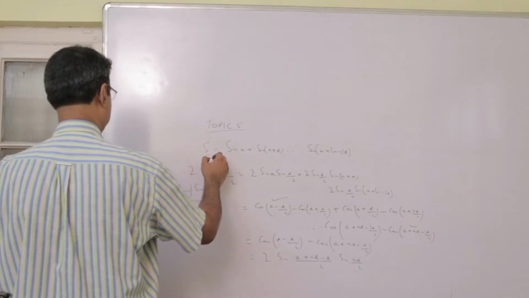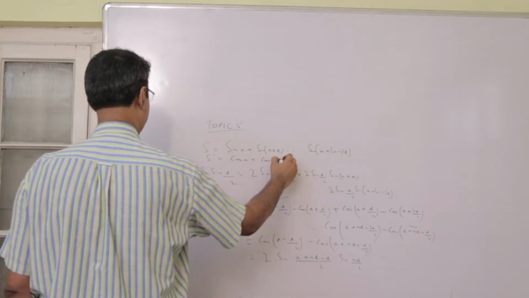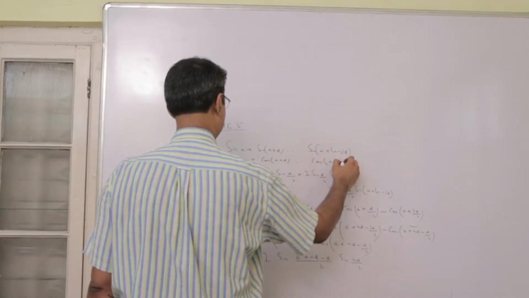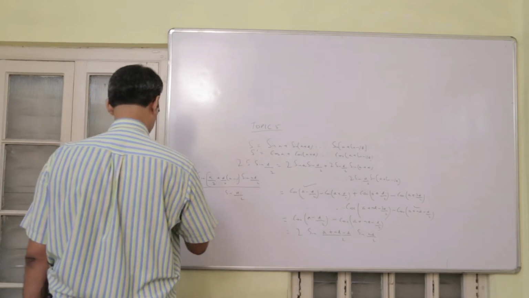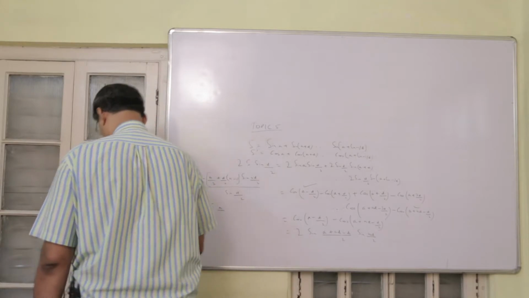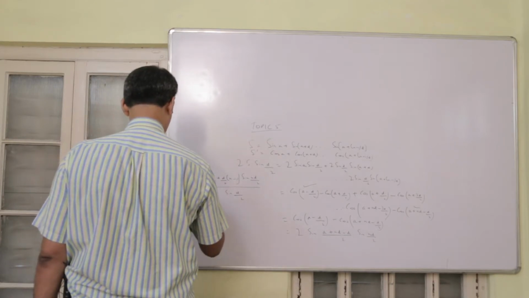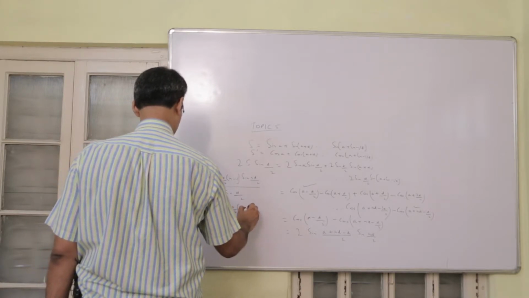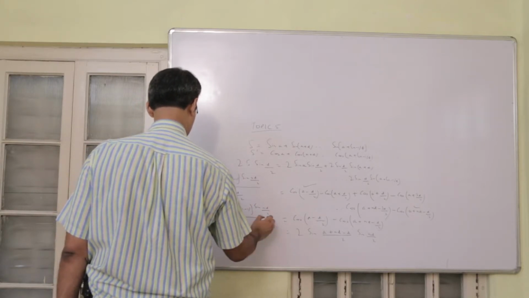Similarly, if you have a cosine series, suppose I call it as S dash, S dash will be cos half a plus half d into n minus 1 into sine n into half d, by sine d by 2.